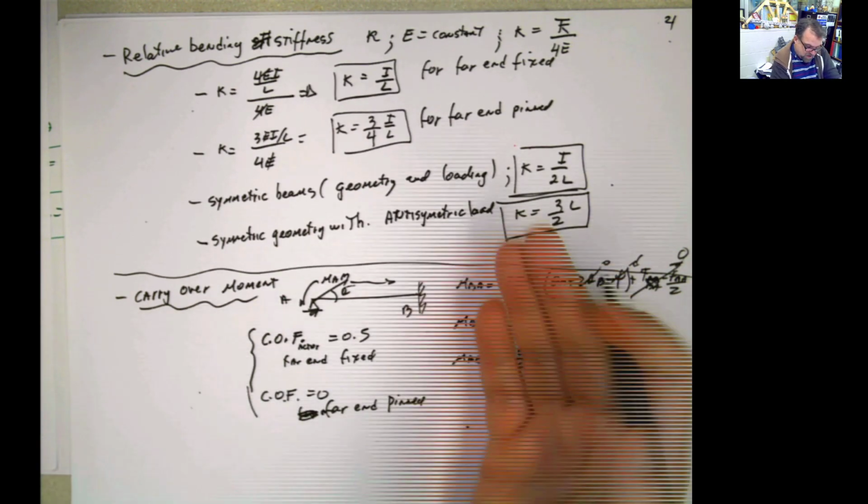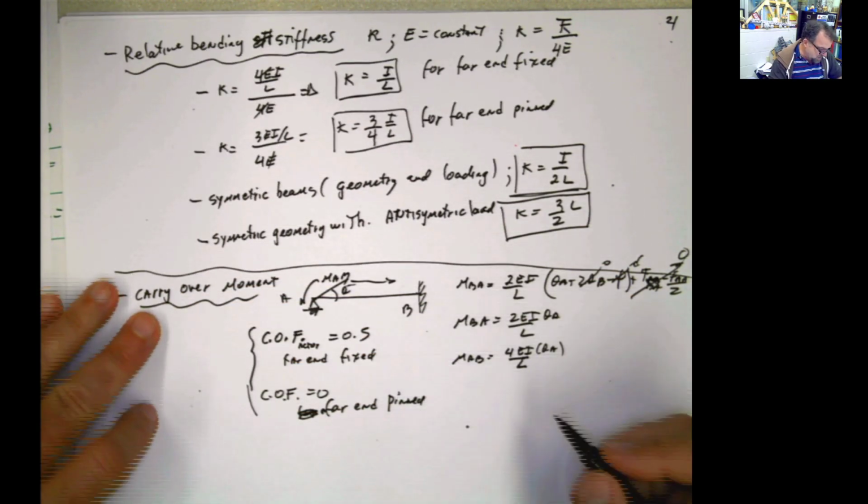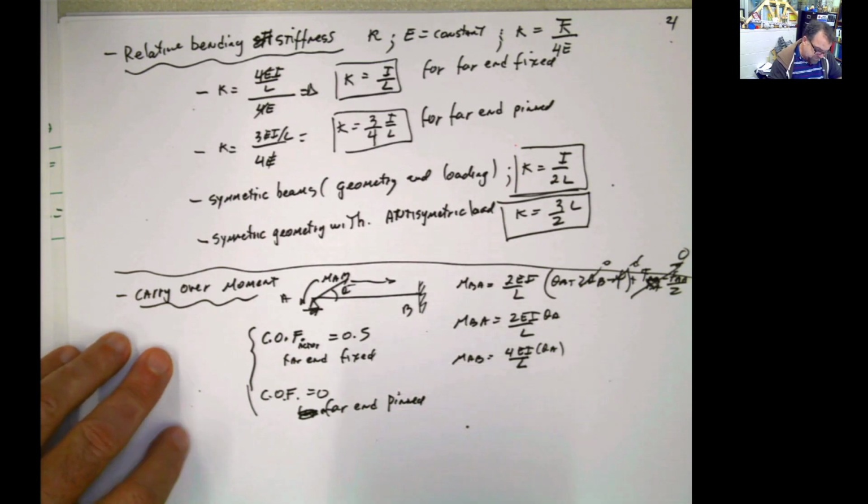I mean, if I go from this end to the other end, that's going to be 0. Okay? Good.